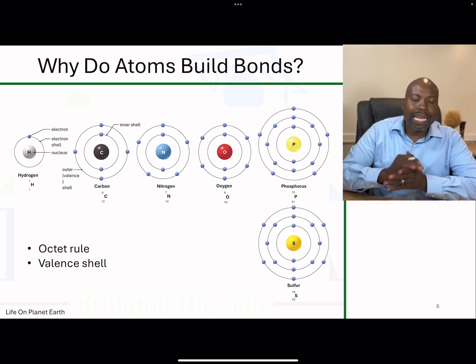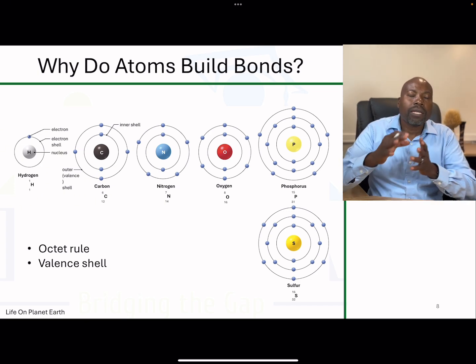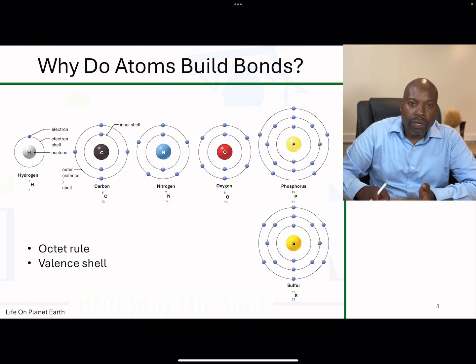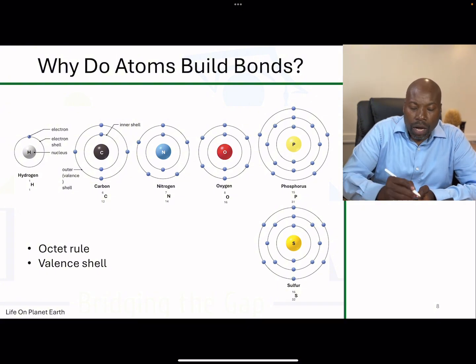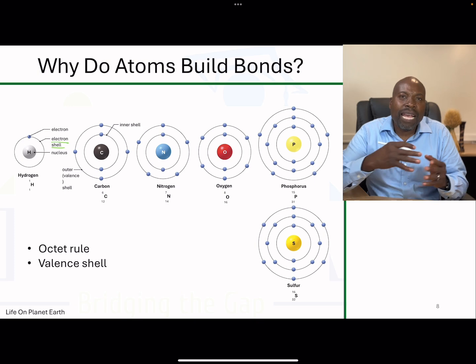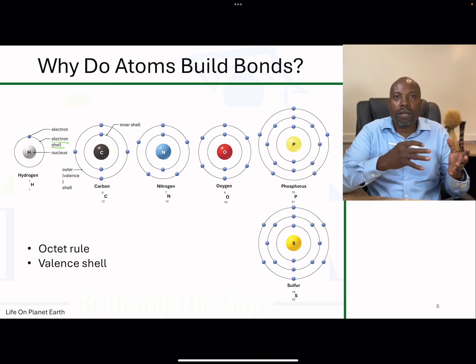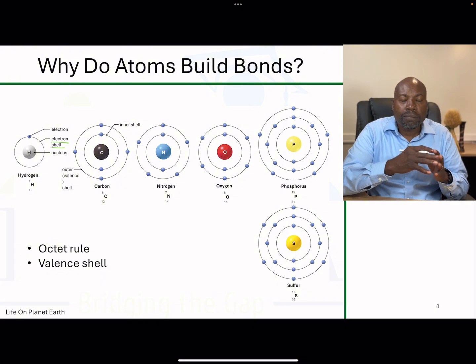Now, as electrons orbit around the nucleus, the area where the electrons are orbiting describes what we call electron shells. These electron shells occur in many numbers based on how many electrons are a part of a given atom, right?